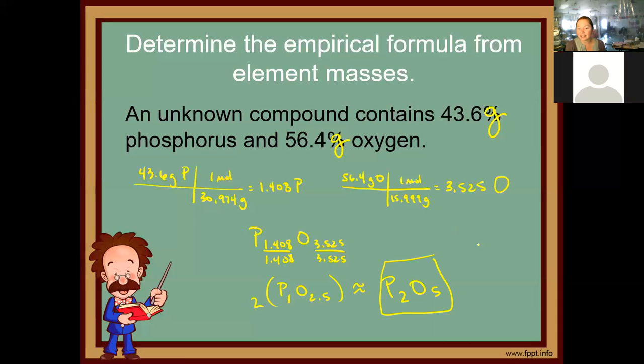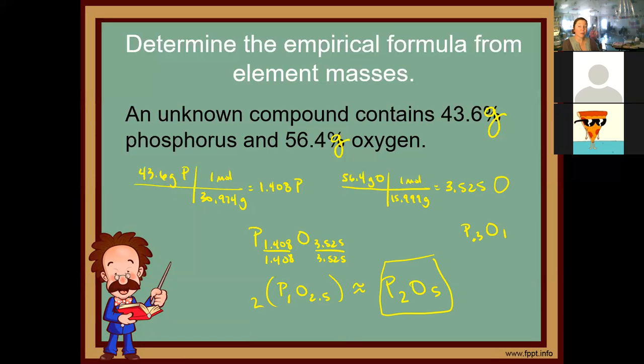What if we had done this and I got P 1, O 3.3, or 1.33? Then I should multiply both by, maybe not 10. Yeah, if I multiply both by 3, that 1/3 will turn into a 1.